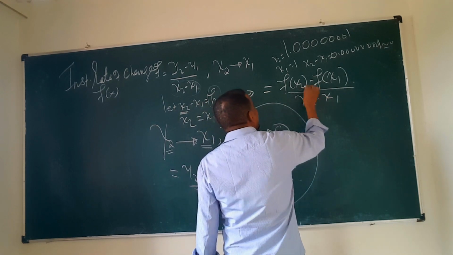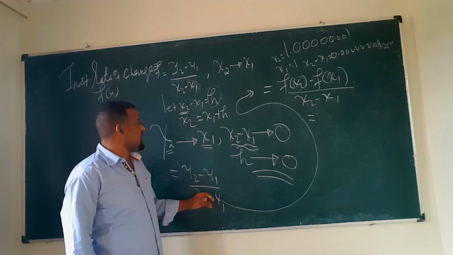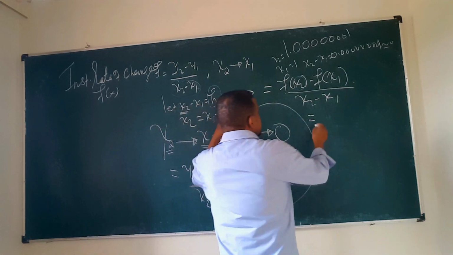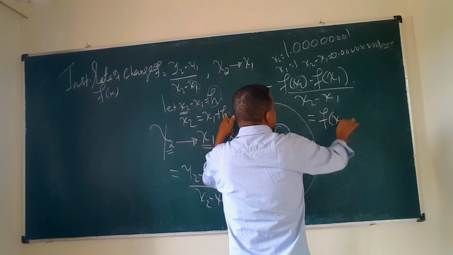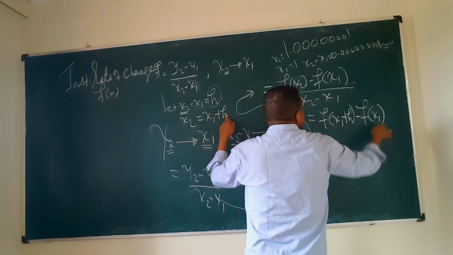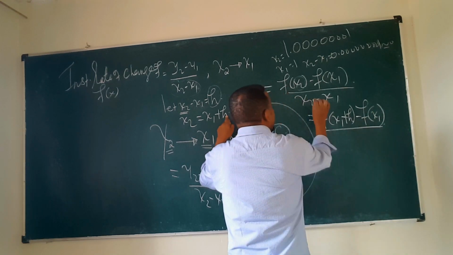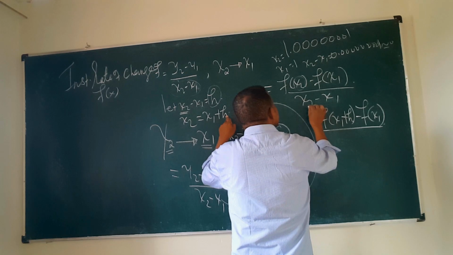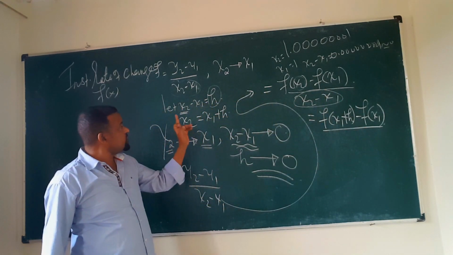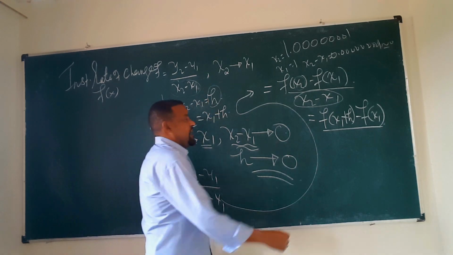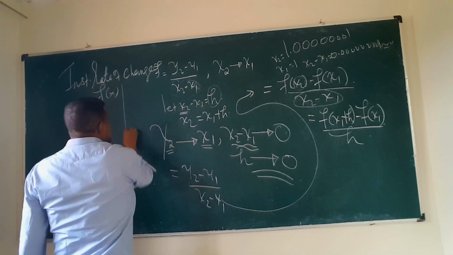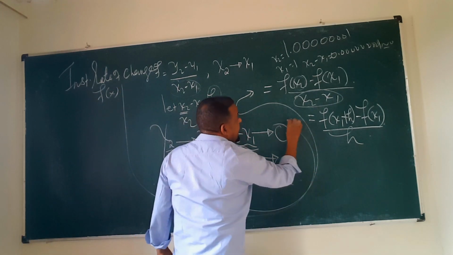Now x2 means x1 plus h, so that will be f of x1 plus h minus f of x1 over x2 minus x1, but this x2 minus x1 is h.